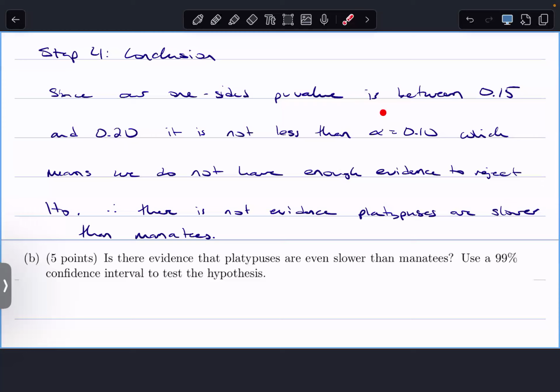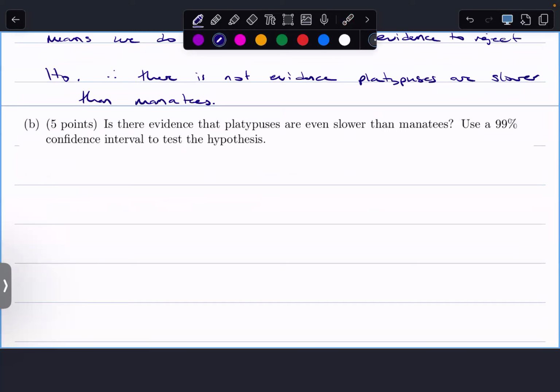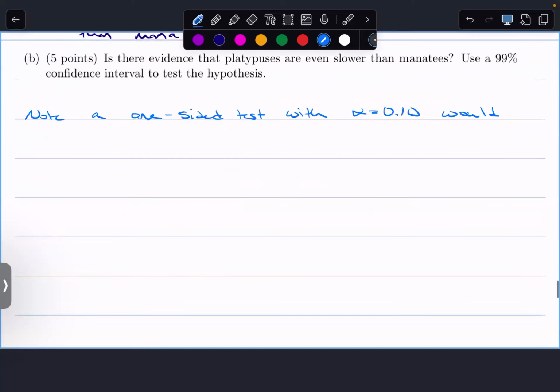Now, when we did a one-sided test with an alpha level of 0.1, right? Just as a side note here, a one-sided test with alpha equal to 0.10 would correspond to what confidence interval?